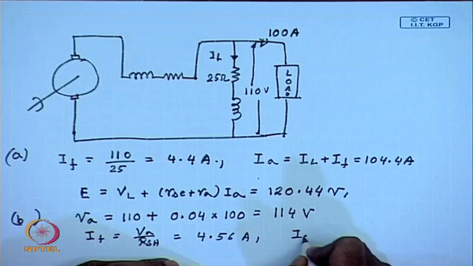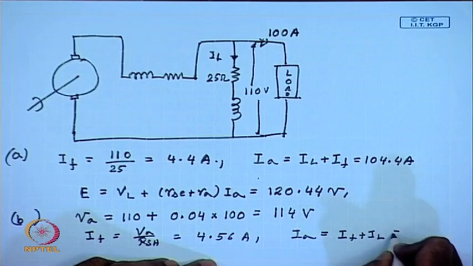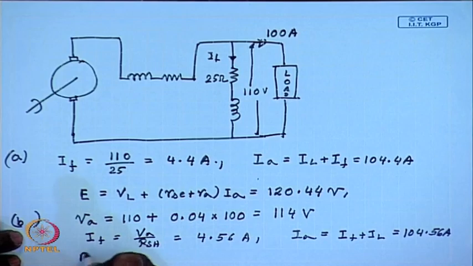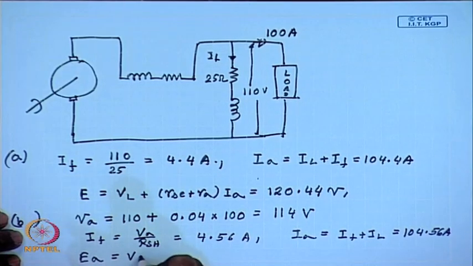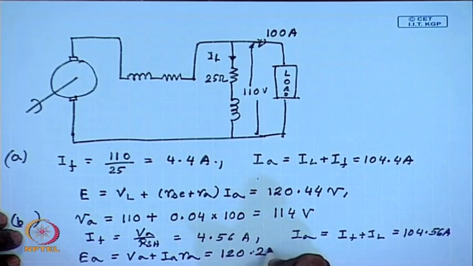So, IA equal to IF plus IL equal to 104.56 ampere, and EA equal to VA plus IA RA, which comes to 120.27 volts. So, that is how we can find out different parameters of compound generators. Thank you.